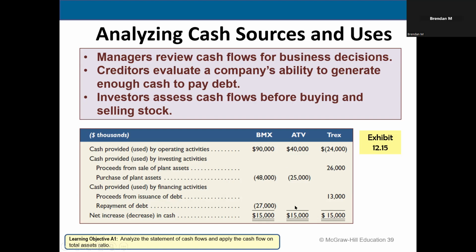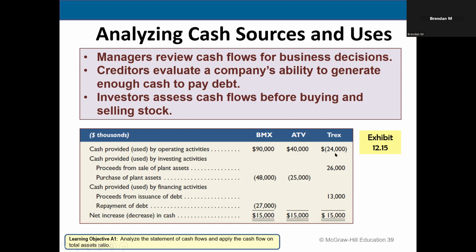ATV, they too have 15,000. They didn't pay back any debt, but operationally they're only generating 40 minus 25,000 in an investment somewhere. So ATV is not doing as well. T-Rex had the same 15,000. But look at this.